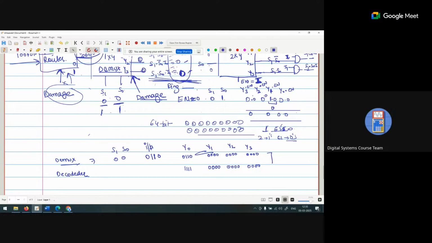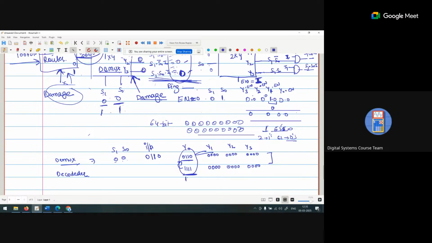Will both data be the same? Yes, sir. For y1, y2, y3 all the same; only Y0 is different, because we are selecting S1 and S0 as 0 0. So only this particular data is impacted. So how do we get this data from this one?